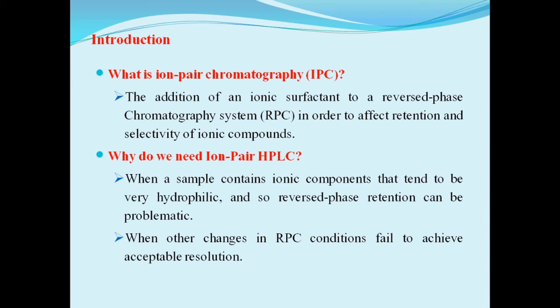Alternatively, chemically bonded silica phases of the octyl or octadecyl type with an even lower polarity can be used. The selectivity of the separator column is determined solely by the mobile phase.